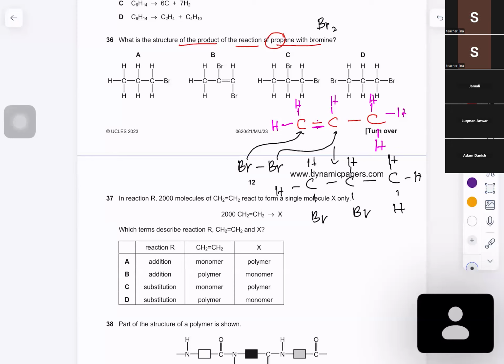Is it clear, Krishna? So, masukkan double bond. Daripada double bond tu dia akan pecah jadi single bond.